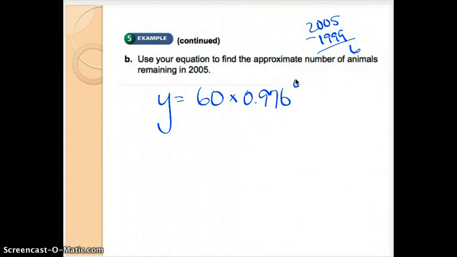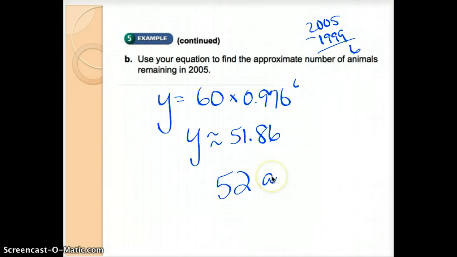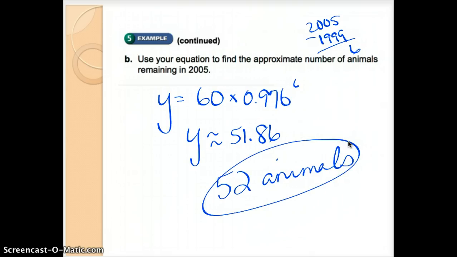So we're taking that to the 6th power. So I'm doing 0.976 to the 6th, and then multiplying that by 60, and I get about 51.86. But obviously it's a number of animals, so I'm going to round. I'm going to say it's probably about 52 animals that are left in 2005.